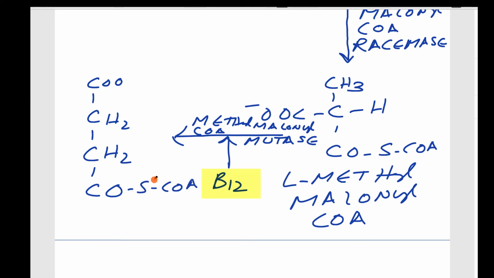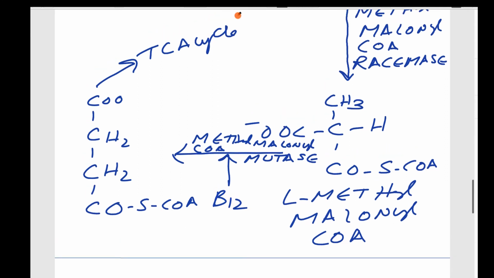You know the fate of succinyl coenzyme A: it goes to the TCA cycle. When we talk about gluconeogenesis, we say even chain fatty acids will not contribute to the net synthesis of glucose, whereas odd chain fatty acids contribute to the net synthesis of glucose.